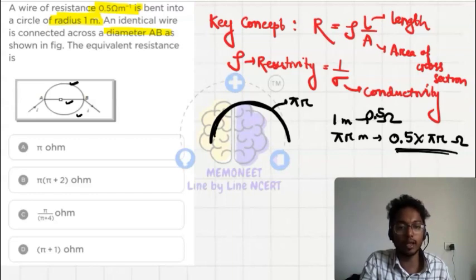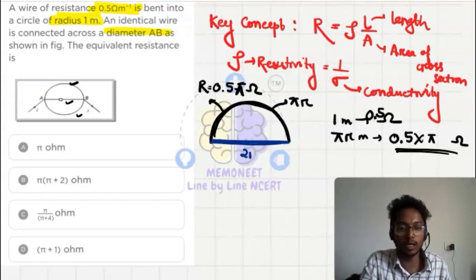So r is given as 1, so I can write it as 0.5 into pi. So this one has the resistance equal to 0.5 pi ohm. And when the wire is passing through the diameter, its length is 2r.